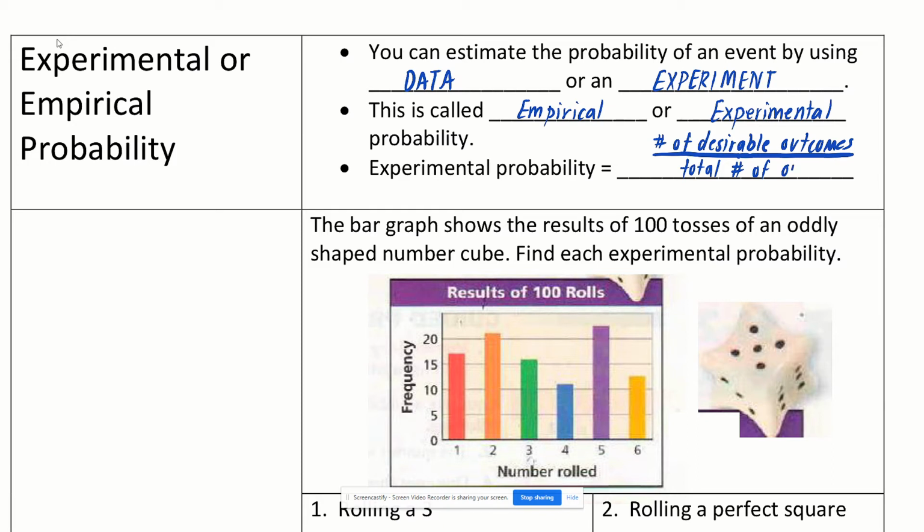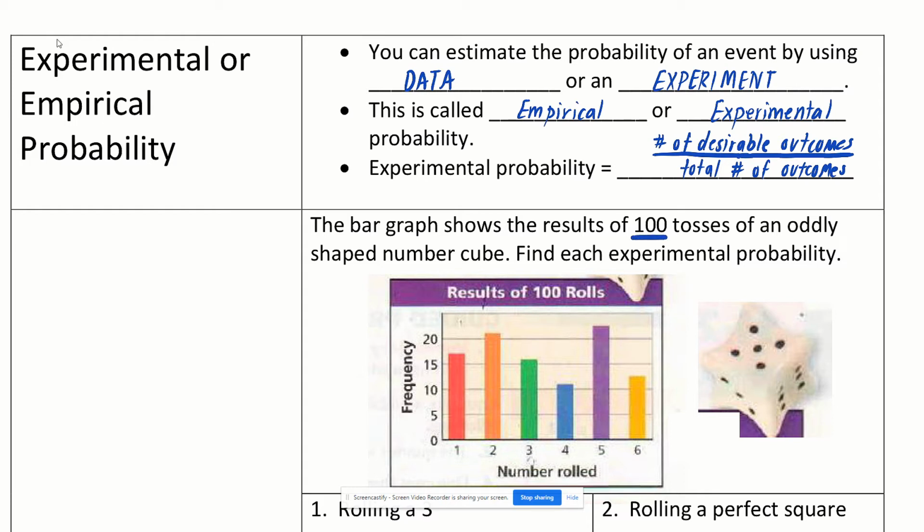So really, it's not a difference as far as our ratio goes and how we're going to find our answers. The difference is, instead of just thinking through the values that we're discussing, we're actually going to be looking at data. So for example, you notice how this says the bar graph shows the results of 100 tosses?